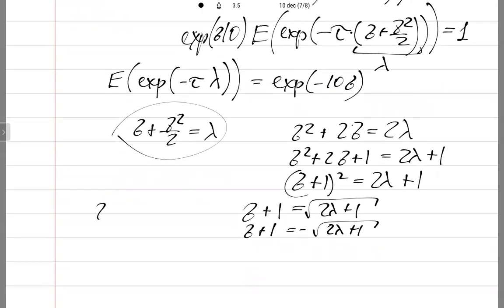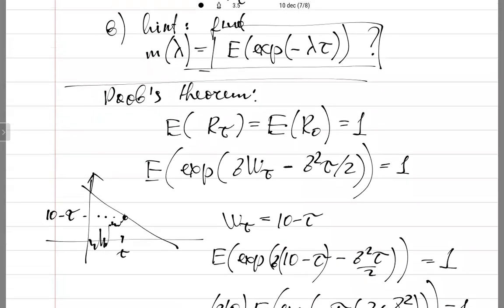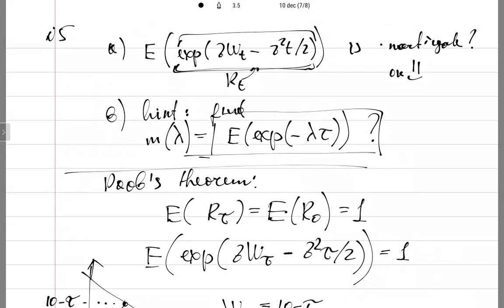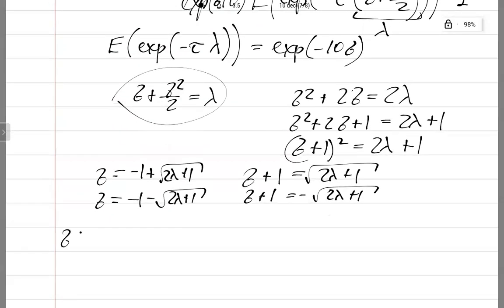And in this case, sigma is minus 1 plus the square root of 2 lambda plus 1, and this one is minus 1 minus the square root of 2 lambda plus 1. I don't care, but let's for the moment assume that sigma is positive.